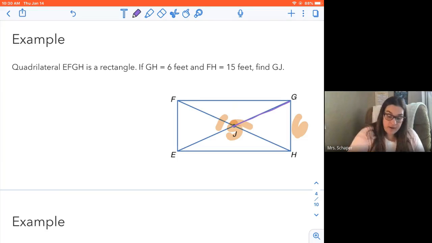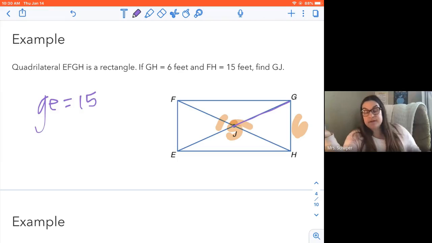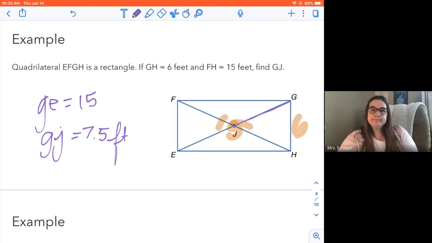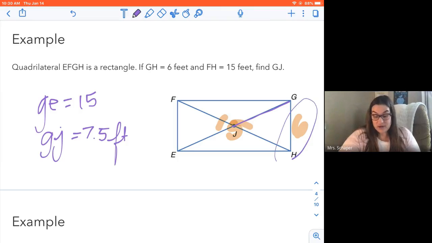So if FH is congruent to GE, which it is, we can say that GE has a measurement of 15 units or 15 feet. Well, if J is the intersection point, it bisects it, which makes it the midpoint, which would make GJ equal to 7.5 feet. Looking at those relationships, the 6 is really not information that we need at all.